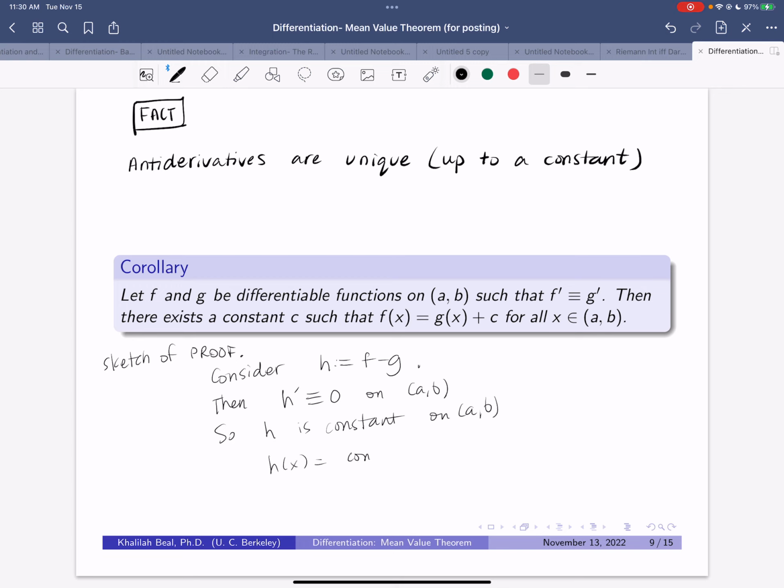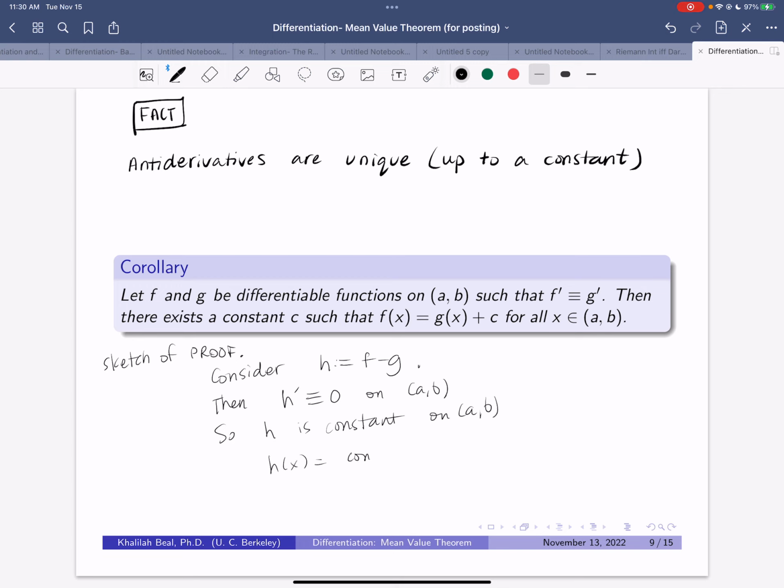Now, there exists a theta in between x1 and x2 such that f prime of theta is going to be f of x2 minus f of x1 over x2 minus x1, right? Since f prime has to be greater than 0, that means this has to be greater than 0.